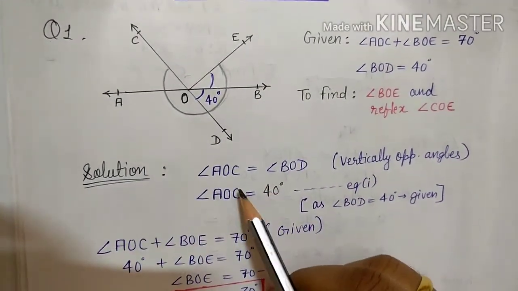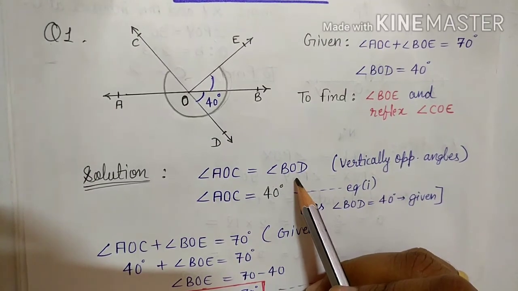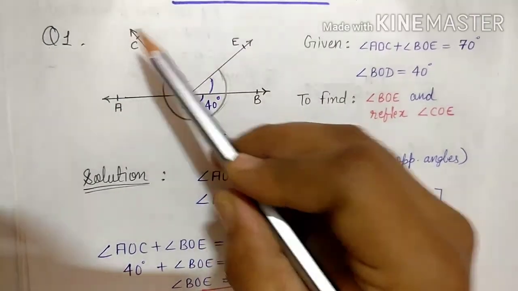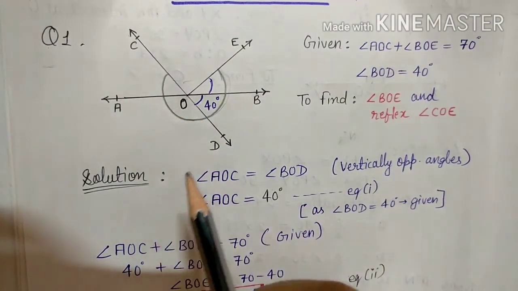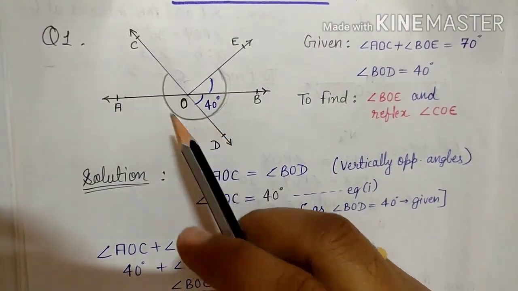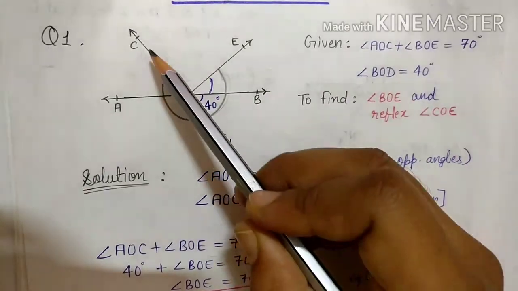Solution: angle AOC equals angle BOD. Why? Because they are vertically opposite angles, as AB and CD intersect each other.